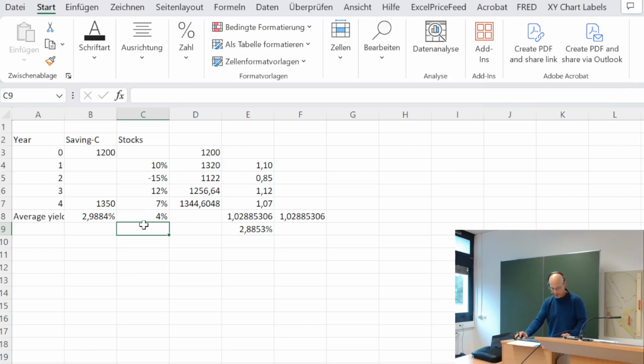So this is the arithmetic mean. And if you would just calculate the arithmetic mean of these yield numbers per year, then you would say, well, it's great. The stock investment is much better than the savings investment.